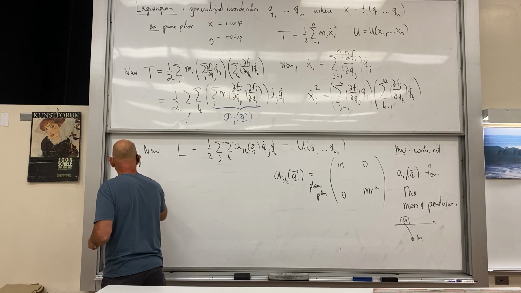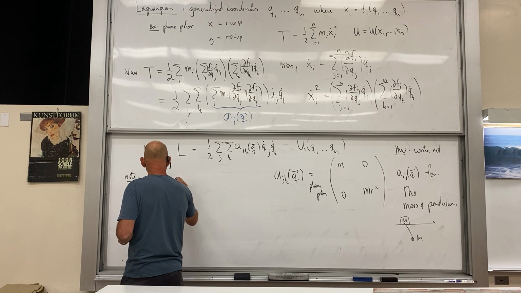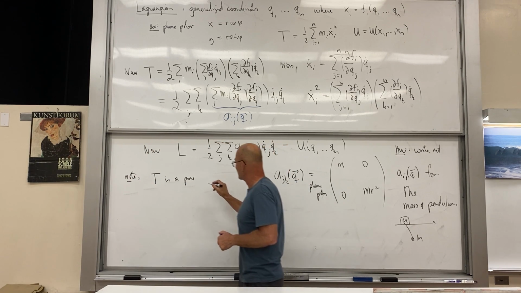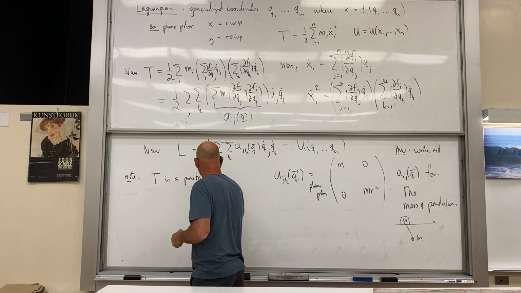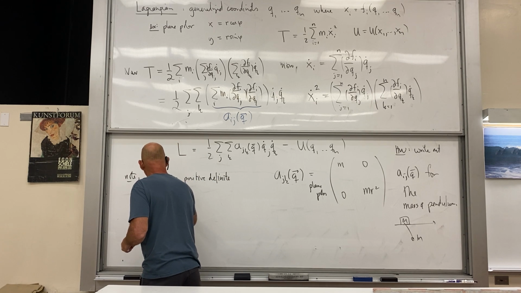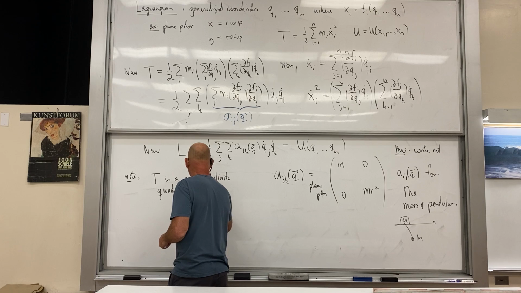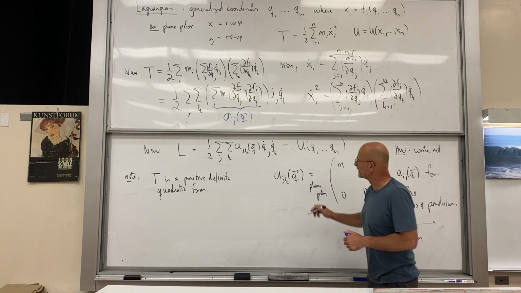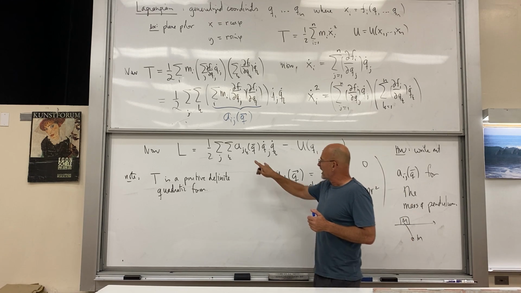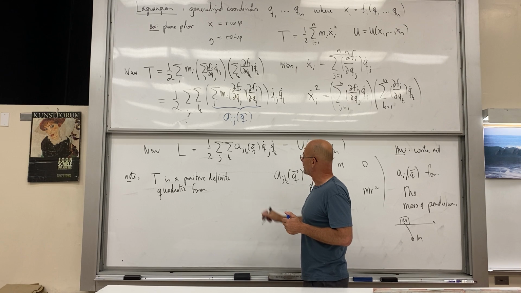Note: kinetic energy is a positive definite quadratic form. That's some terminology. That's what this thing is. It's always positive, and it's a quadratic form. It's just a sum of every possible quadratic term here.